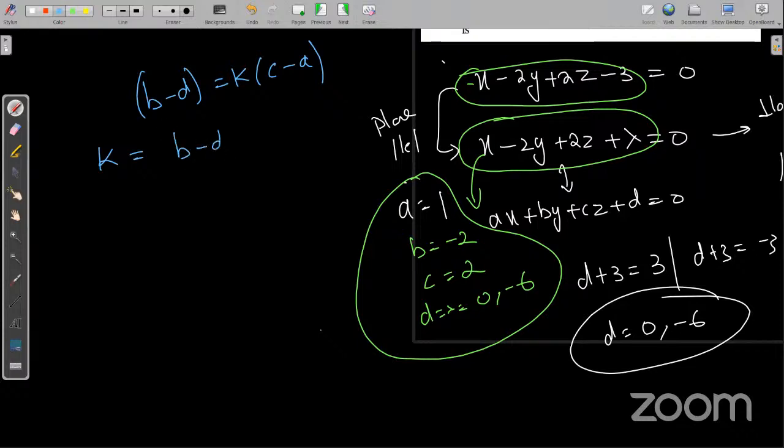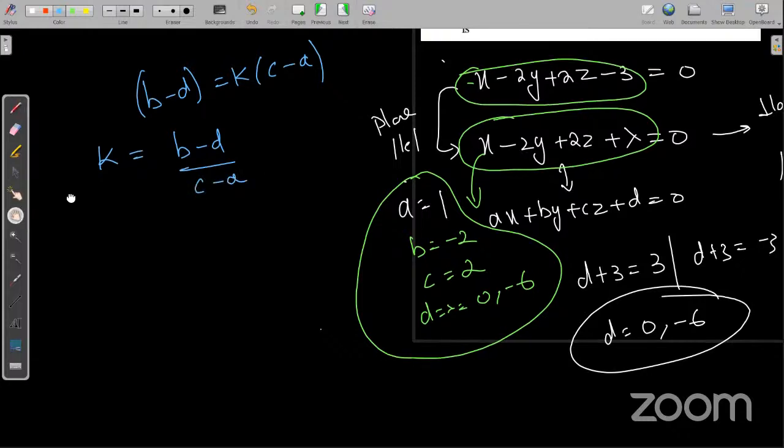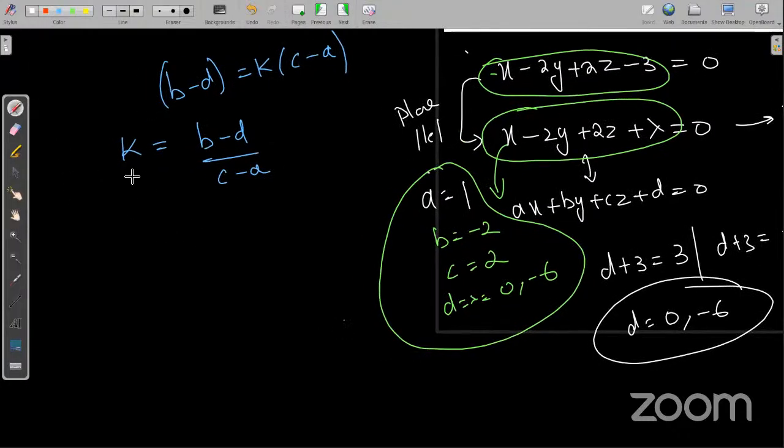K is equal to B minus D by C minus A. What is happening, guys? What is B? It is -2. For B, we are having two D values.